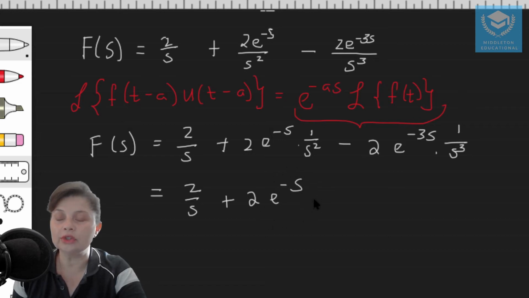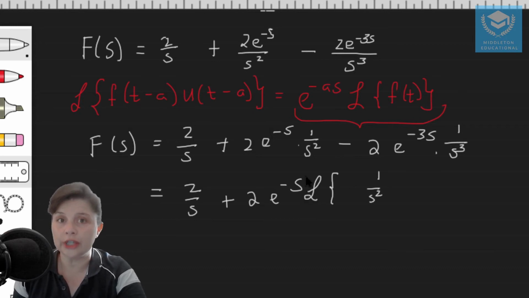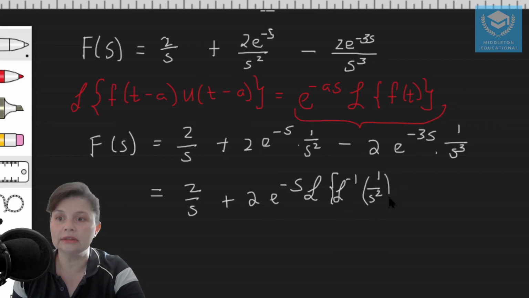So for the second term, we've got the e to the power, as in the second shifting theorem. Now we need to have the Laplace transform, and we need to have the 1 over s squared in there. And in order not to change the value of this term here, we're going to say we want the inverse of that, like that.